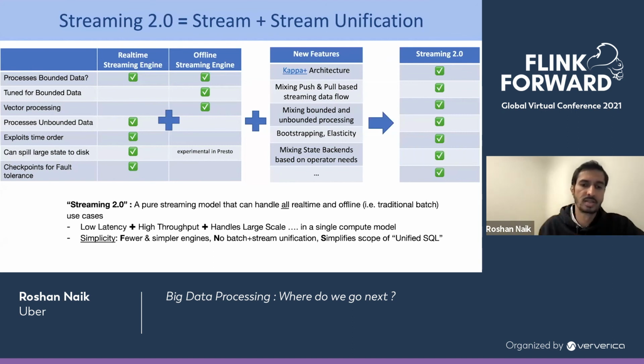The benefits are more to do with the simplicity of fewer engines, no need to unify things, and it even reduces the scope of unified SQL. So that sort of summarizes what Streaming 2.0 is, and what's needed to get there.